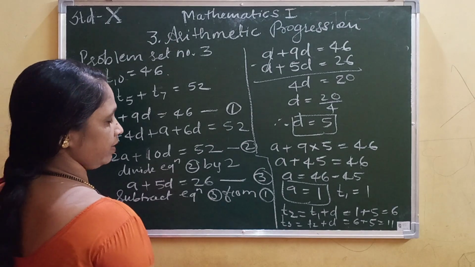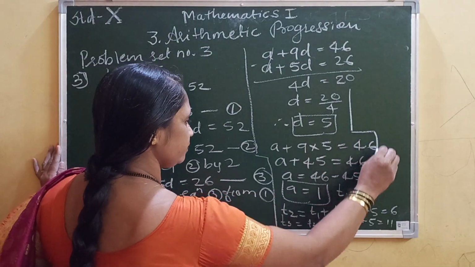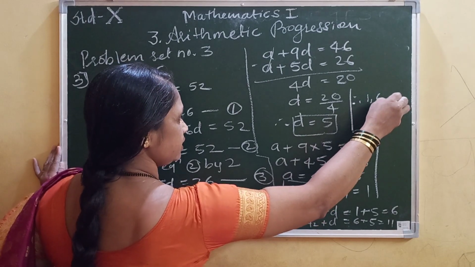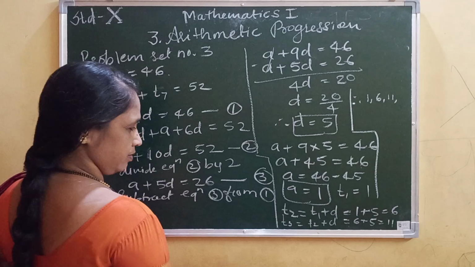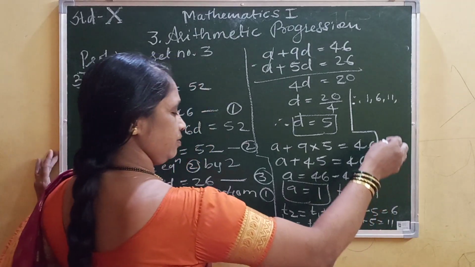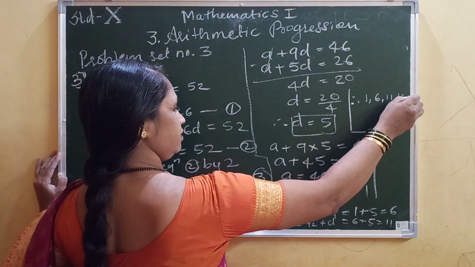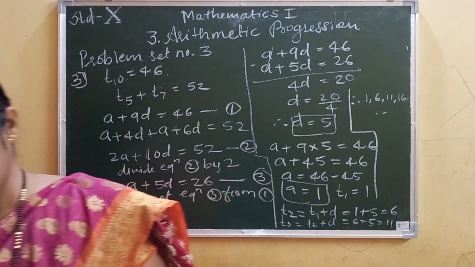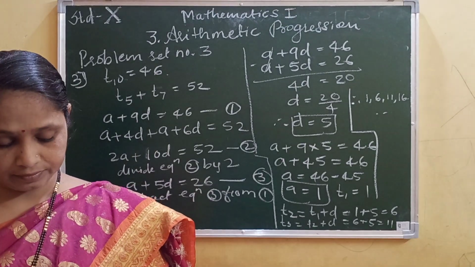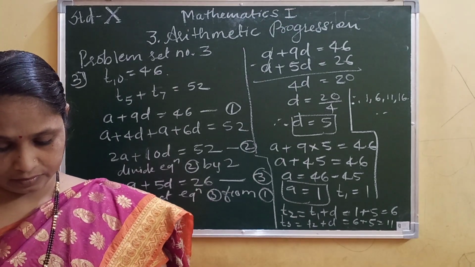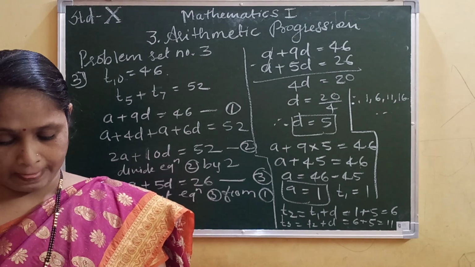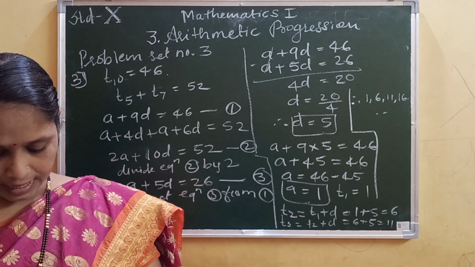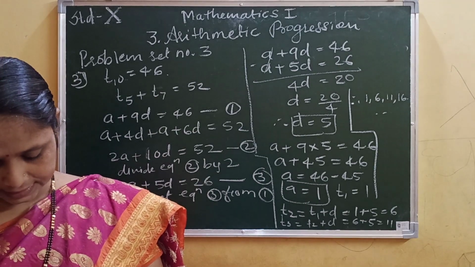Now 11 plus 5 is 16. Therefore 1, 6, 11 and 16 is the series. Okay. Now the sixth one, the sum, is also the same. You have to solve it. Try this.